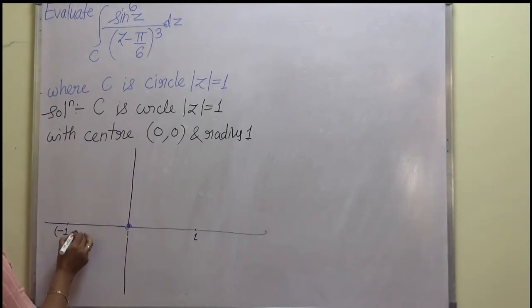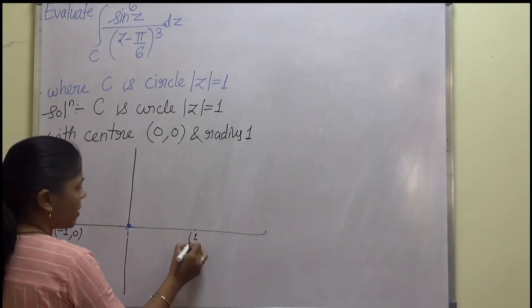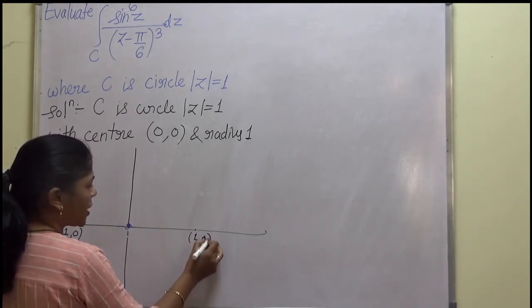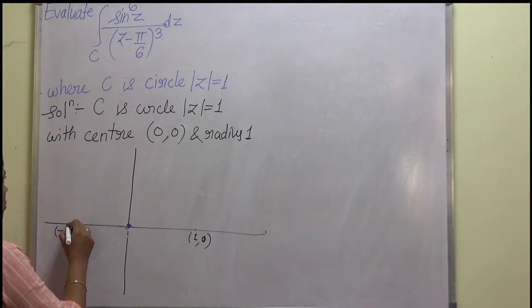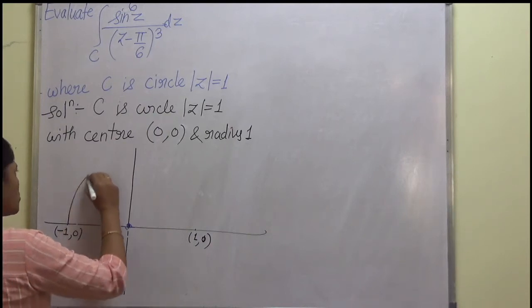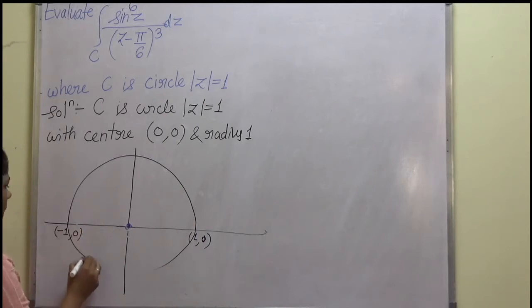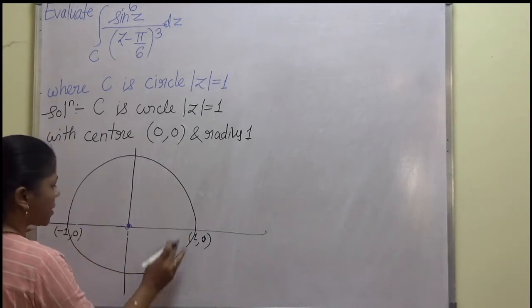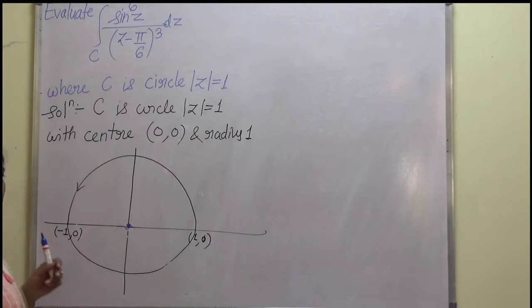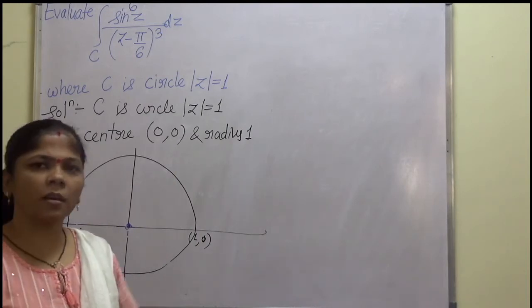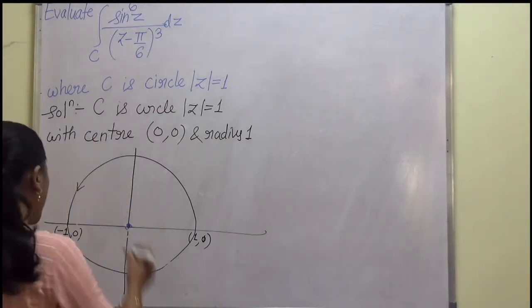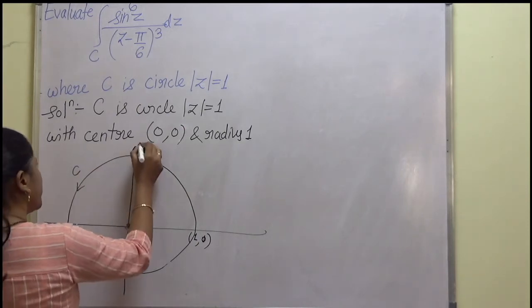What will be its coordinates? Minus 1, 0 and 1, 0. So these are the 2 points. Drawing the circle passing through these 2 points, we have this circle. The movement of the point on the circle will always be anti-clockwise. So this is our circle C.